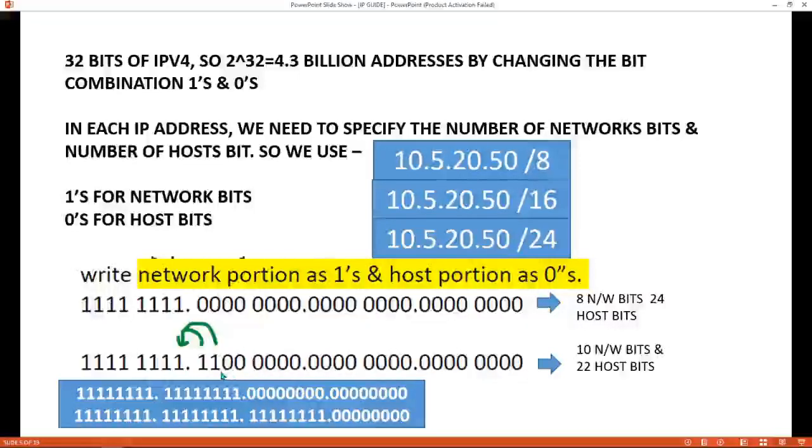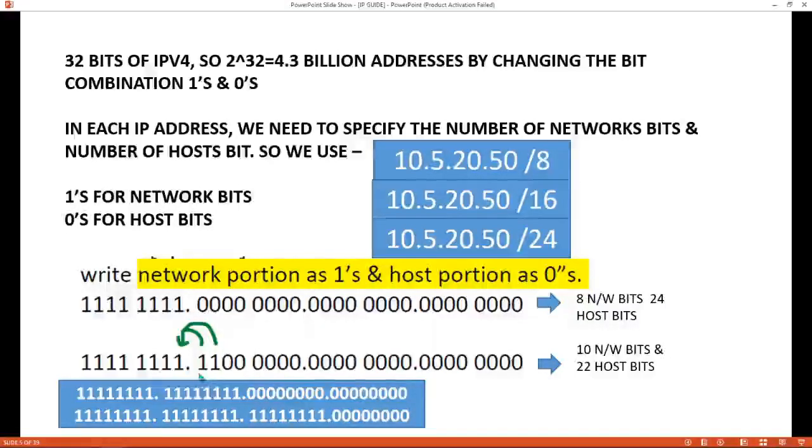For example, if you wanted to increase your network by a small amount, you can simply borrow bit by bit. For example, in class A, if you have 8 network bits and 24 host bits, and you want to increase your network, you can simply borrow 1 or 2 bits from the other octet, which means the second octet.